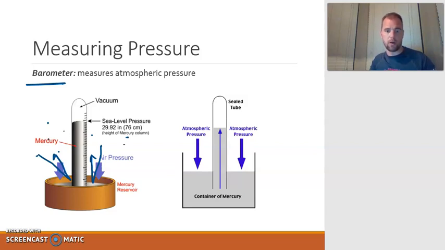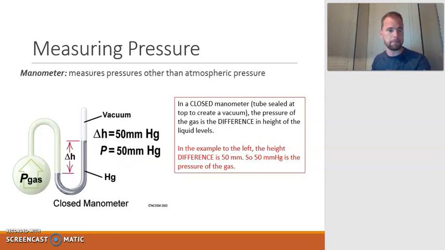And if there were a lot of particles doing that, there would be more collisions down here at the surface of the liquid. Well, if there's more collisions pushing on the surface of that liquid, more demonstratively over here, then that would cause the liquid to rise up higher in the tube. And so that's how we used to measure atmospheric pressure. And that's also where we got the unit of millimeters of mercury.